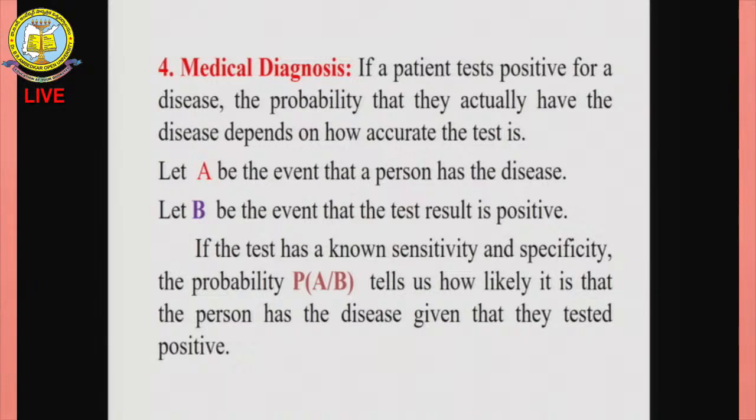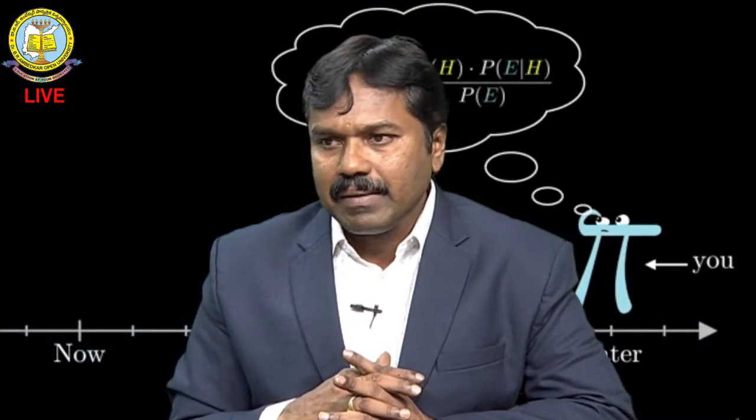Here how many events occur? Two events. First one, let A be the event that the person has the disease. Let B be the event that the test result is positive. That means the test result is already known. How can we represent the above statement according to conditional probability? If the test has known sensitivity and specificity, the probability of A given B tells us how likely it is that the person has the disease given that they tested positive.